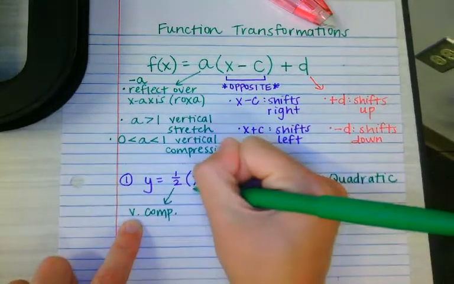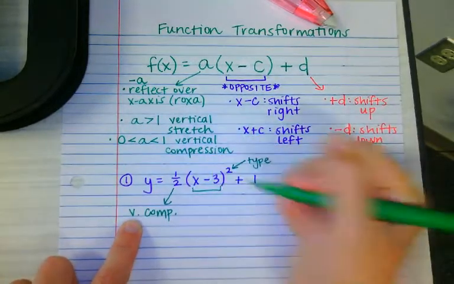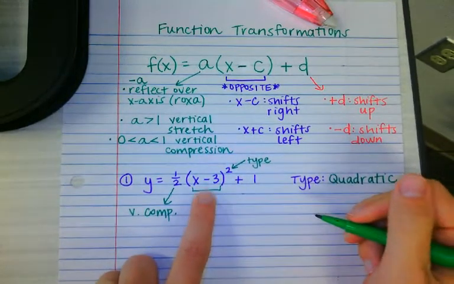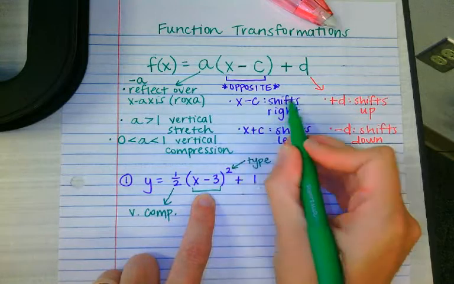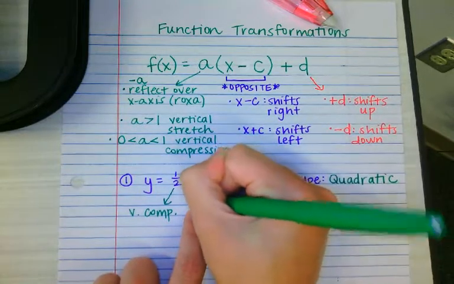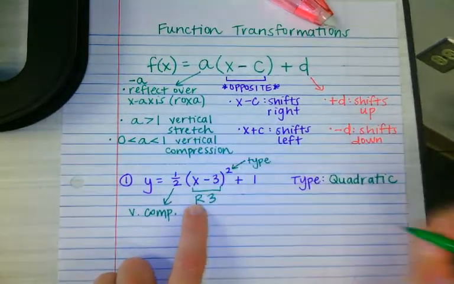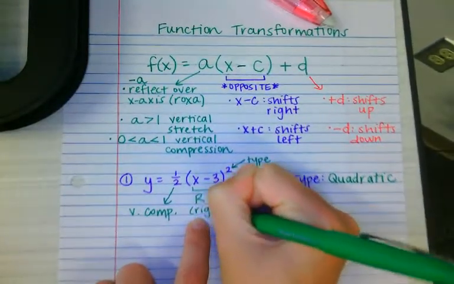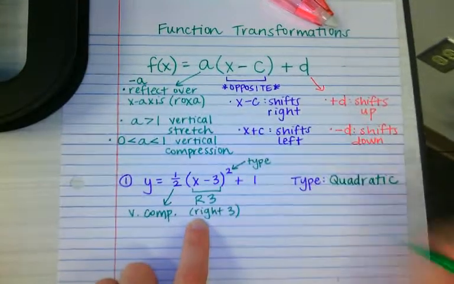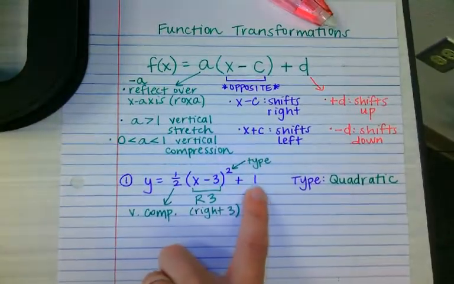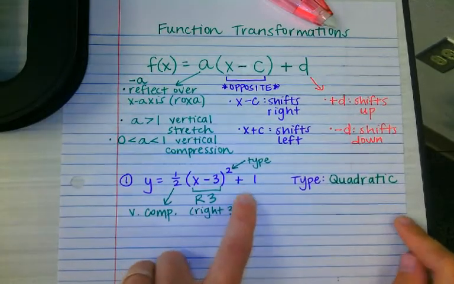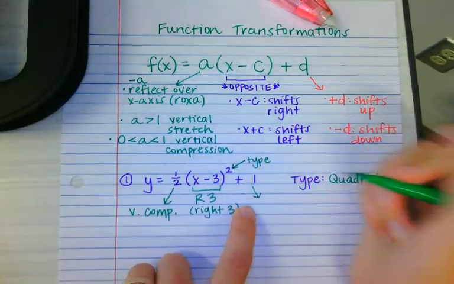Then we're going to move on to x minus 3. We said everything with x is opposite, so this is going to shift the graph to the right. So you can actually abbreviate right 3, R3, or write it out if it makes you happy. And then also from the parent function, this plus 1 at the end is another shift.